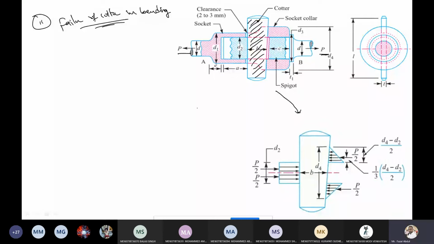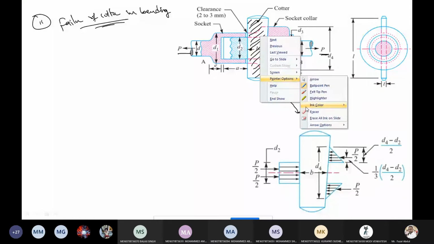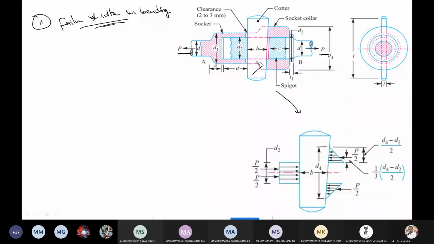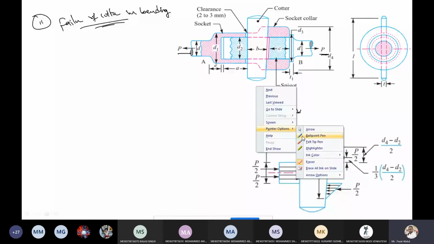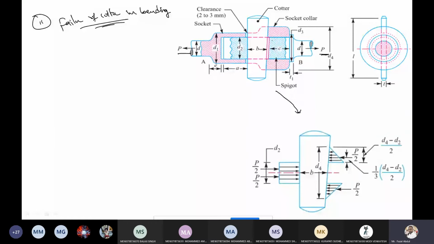So here the first portion, because of this application of force, pulling this one in this direction, left side. So for that reason, at the outside of the cotter, at the point of contact between cotter and this socket collar, the bending intensity is zero, and here the intensity is maximum.